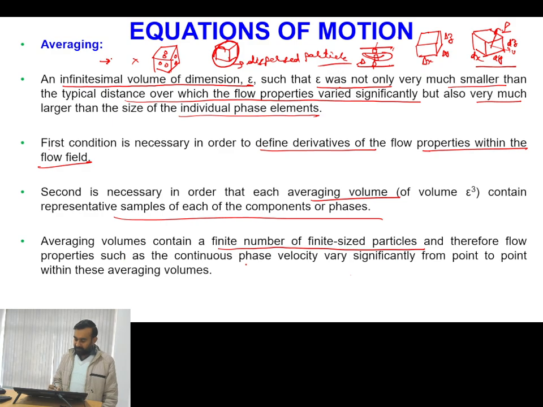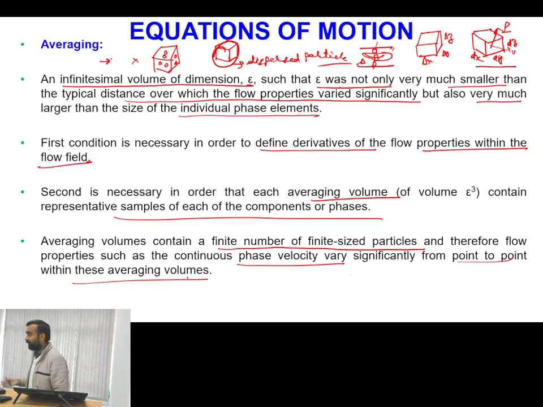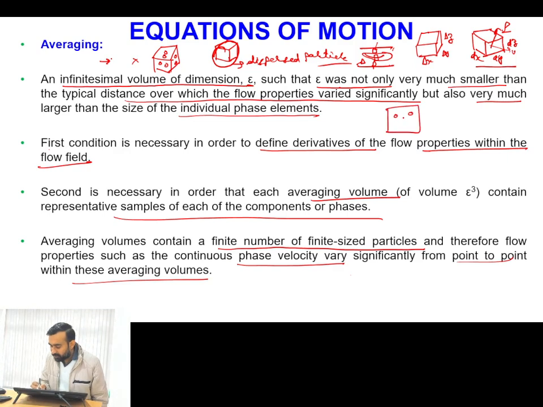Therefore, flow properties such as continuous phase velocity vary significantly from point to point within these averaging volumes. For a volume, you can define a constant value of some mixture property. However, flow properties such as velocity will vary significantly.